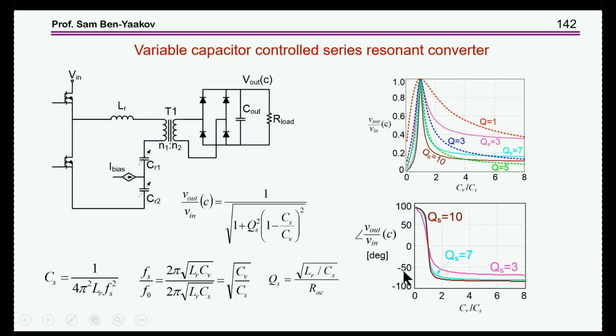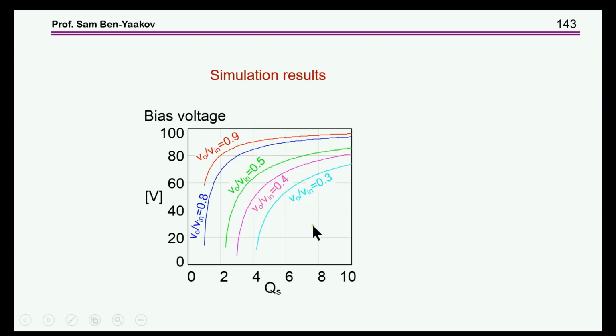And in this case, what you get is very similar to a series resonant converter. You have this plot, and here's the phase, which is also very, very similar. Of course, here we have a phase reversal, and in this area, you get zero voltage switching, as you know. So it is possible to do that. And here's the performance.